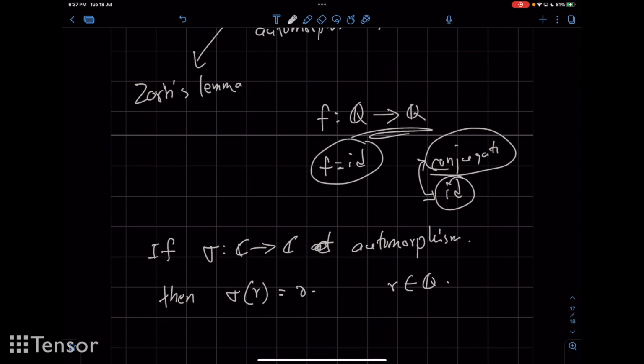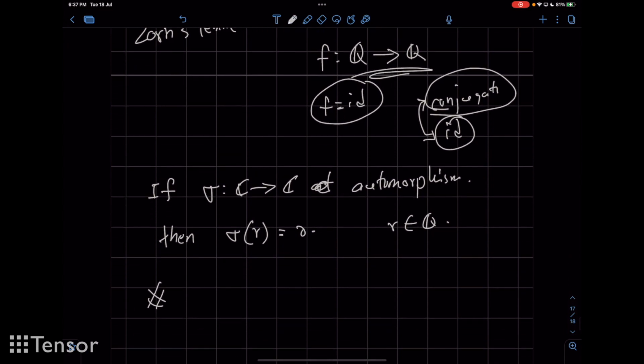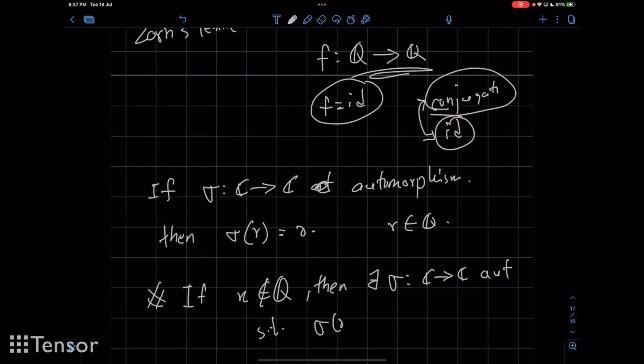Okay? And in fact, the converse is also true. What does the converse say? The converse says that if, let's say, x is not a rational number, then there exists an automorphism of C such that sigma of x is not x.